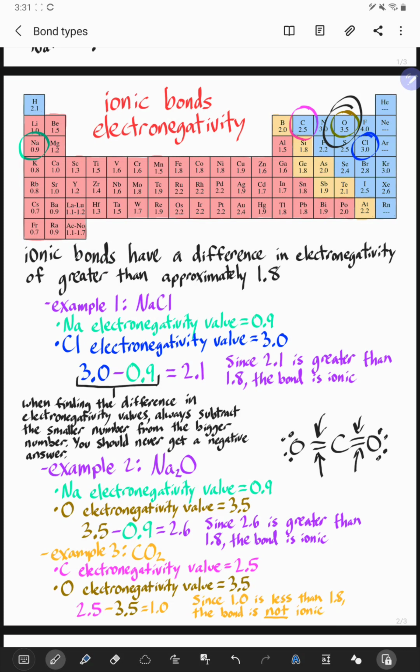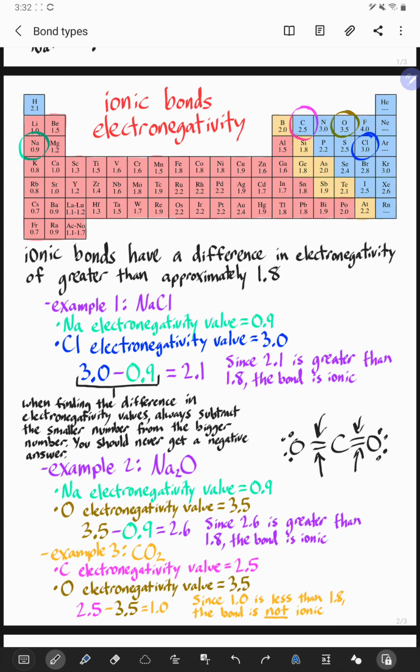And we're going to compare that to carbon, which has an electronegativity value of 2.5. So we will do the bigger number minus the smaller number, 3.5 minus 2.5, and we will get 1.0. All right, so we're going to compare 1.0 to 1.8. And since 1.0 is less than 1.8, that means the bond is not ionic.